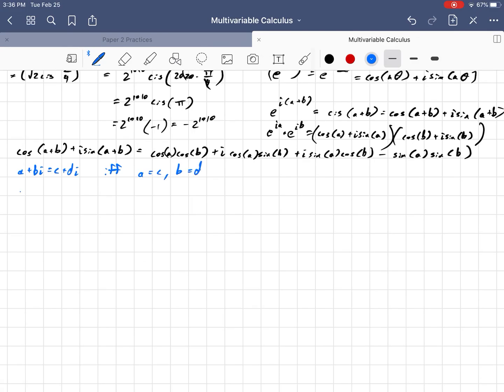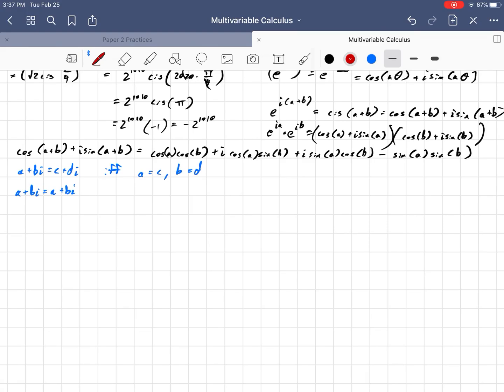Because if c is a, then I would get a plus bi is equal to c, which is just a, plus d, which is just bi, and the reflexive property makes it true. So this is a pretty trivial fact, right? You would have guessed this, but it helps us narrow down this problem much, much easier. It reframes it in a much better way.